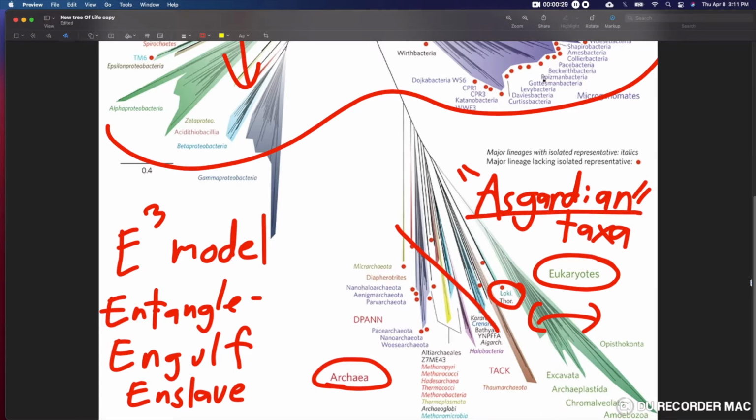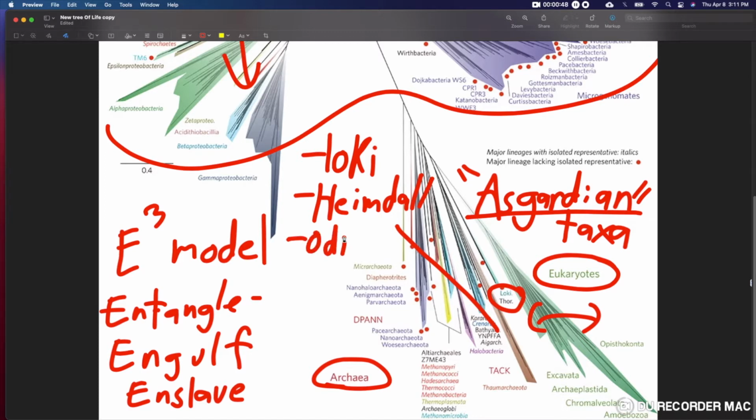Okay? So this Asgardian archaeal lineage includes not just your Lokiarchaeota, it also includes Heimdall archaeota. It also includes Odin archaeota. And of course, your Thor archaeota. Those are Asgardian names from your Marvel Cinematic Universe and from the Norse mythology.